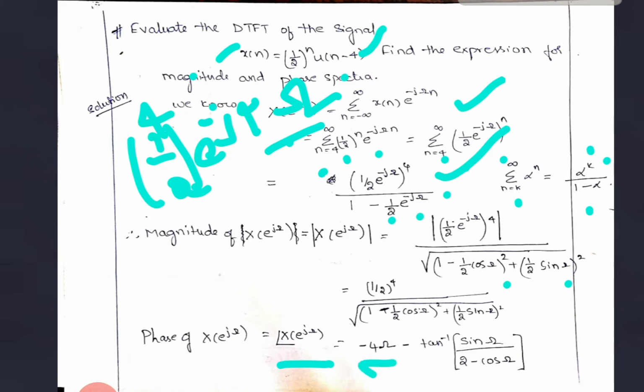So minus 4 omega minus tan inverse, here whatever this is there, splitting into cos theta plus j sin theta. Here real part and imaginary part, tan inverse y by x, imaginary part by real part. You will get this expression.